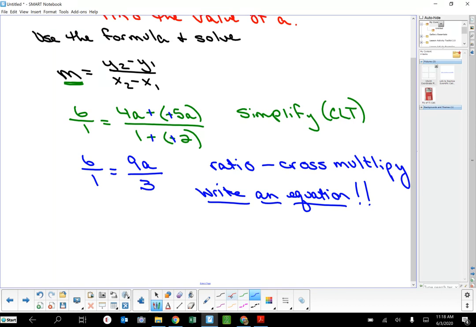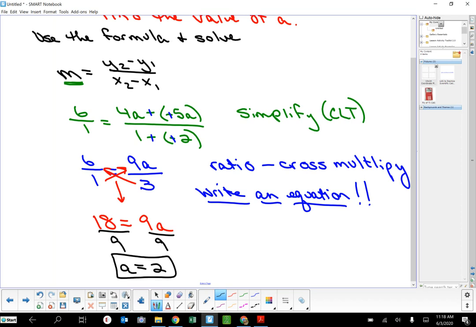They don't really teach this to you correctly. So we're going to cross multiply. 6 times 3 is 18. Bring down the equal sign. 1 times 9a is 9a. That's how you get an equation. That's the purpose of cross multiplication. And now you're going to solve. So a equals 2. Okay?